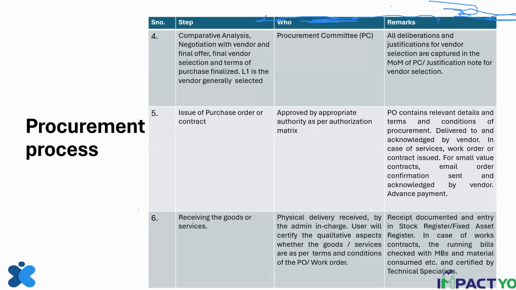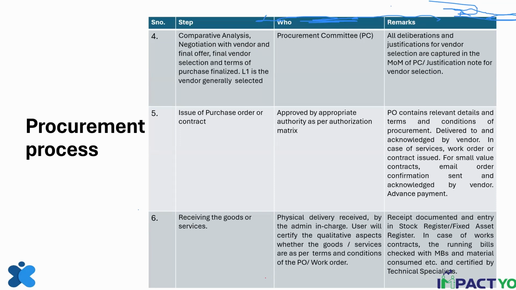So you might have negotiation if that is allowed in your procurement policy with the vendor and get his final offer, that after discussion and negotiation, this is our final offer and the final vendor selection. Okay. And the terms of purchase are more or less finalized. Now, who does this? This is the purchase committee who does it. Okay. So all the decisions and discussions with vendor within the procurement committee has to be documented. I had said record keeping of the procurement process.